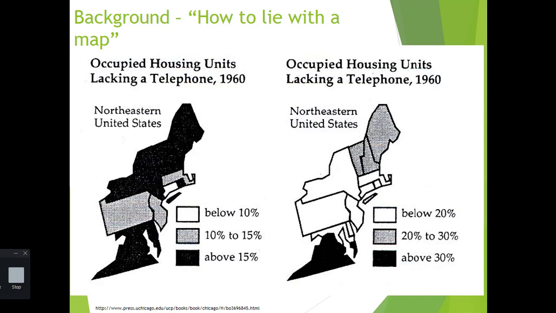One, I would present probably to the guy where I would make markets. Occupied housing units lacking a telephone in the 60s. So I probably would go in everything that is below 10. No wait, lacking. Yeah, above 50% lacking.